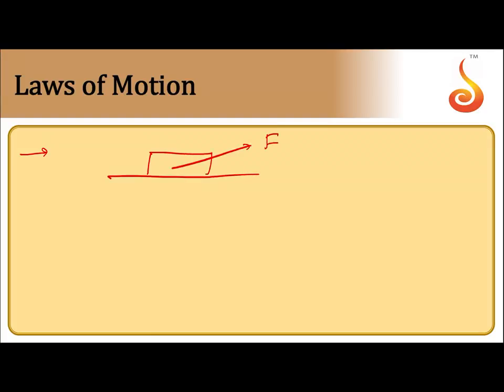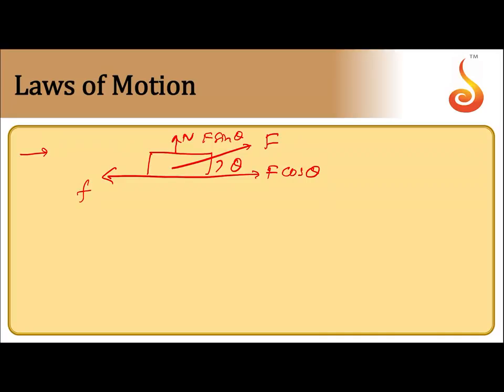I am applying a force along this direction at an angle theta. Then force of friction comes into picture along this direction. So how much is that? You can easily calculate that. Normal reaction is along this direction, and F sin theta is along this direction, and F cos theta is along this direction, isn't it? So this limiting friction is right.